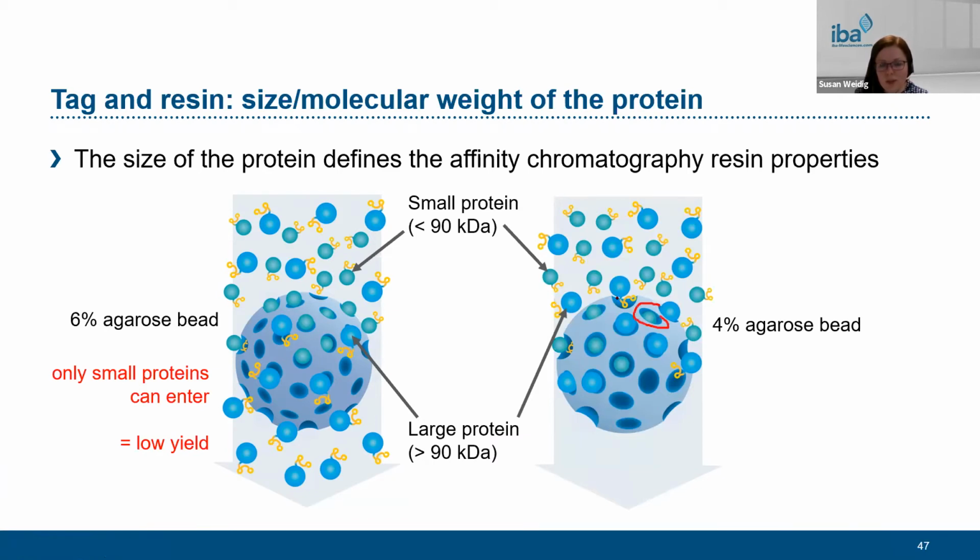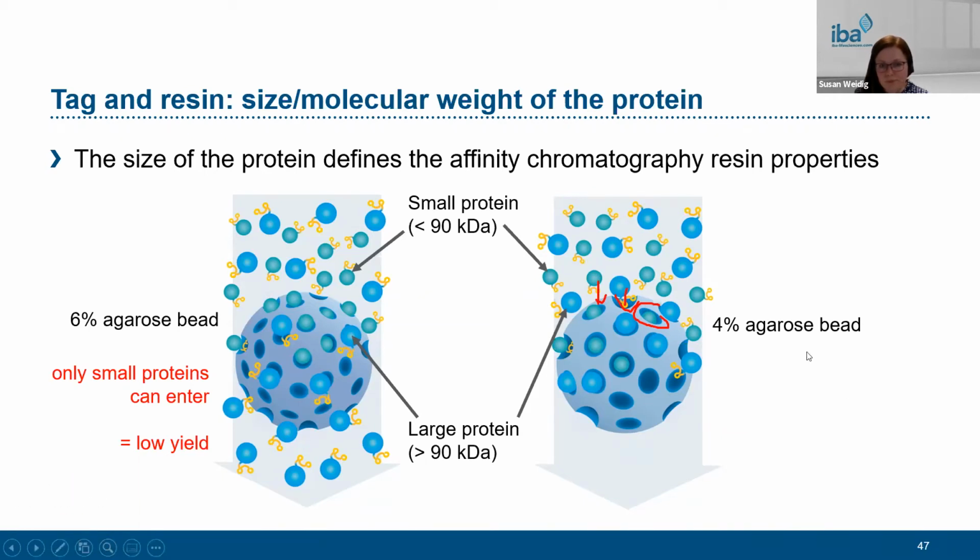So small proteins as well as large proteins can enter the agarose. And both the small and the large proteins can find binding sites within the agarose bead and binding sites at the surface of the agarose bead. So you have a high binding capacity for small proteins and for large proteins.